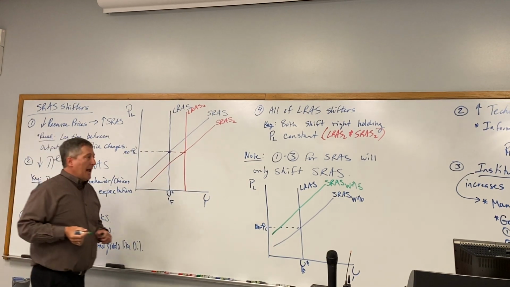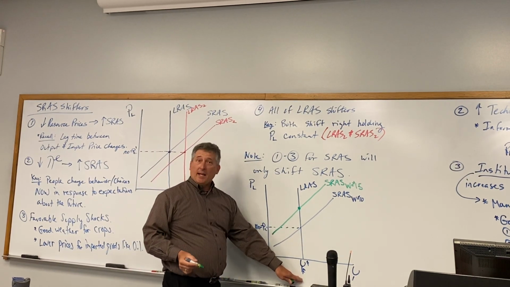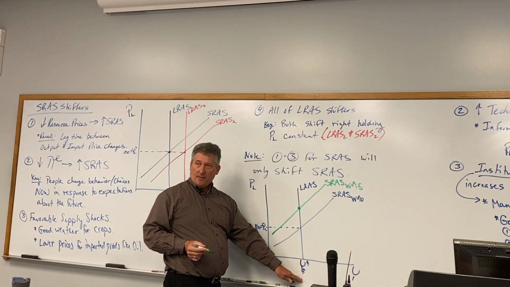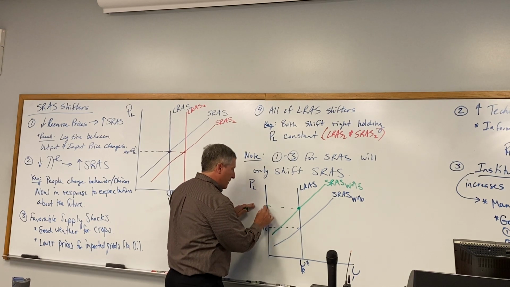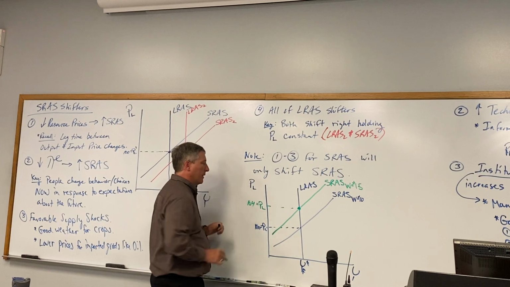And so when that happens, we don't get any more output. We don't get more beer, chicken wings, and pizza. We only get higher prices of beer, pizza, wings, and chicken. So let's say this goes up to 104.